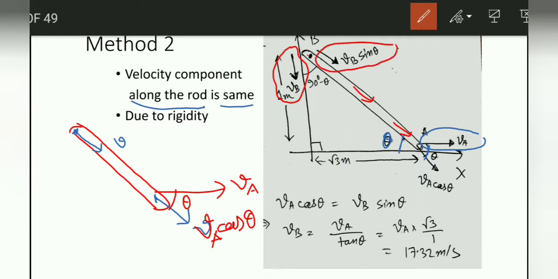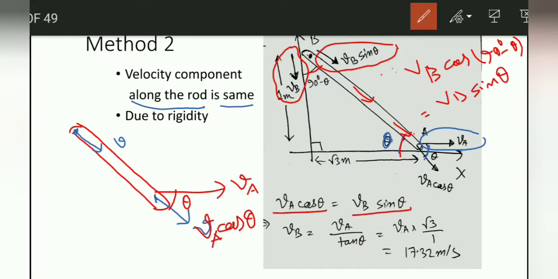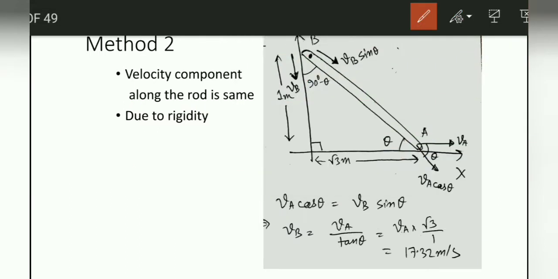Since this is theta, this is 90 degree minus theta, so vb cos of 90 degree minus theta, that is vb sin theta. So we have va cos theta at one point and vb sin theta at the other point. So va cos theta will be equal to vb sin theta, and vb is equal to va by tan theta.